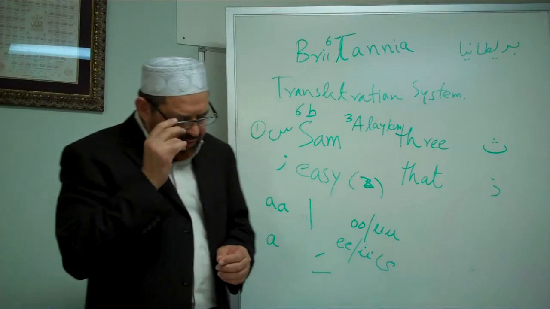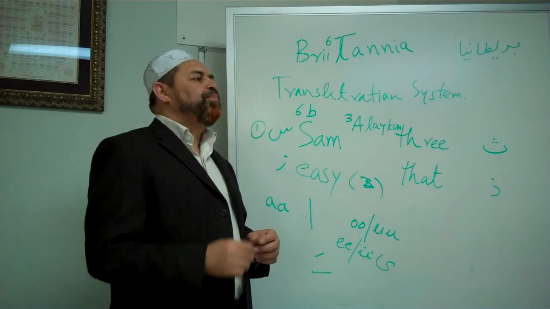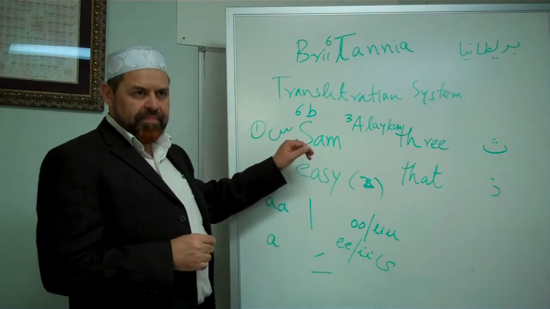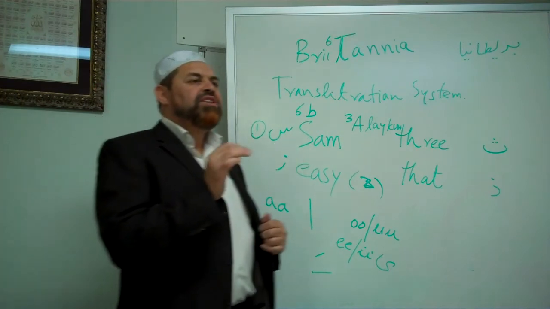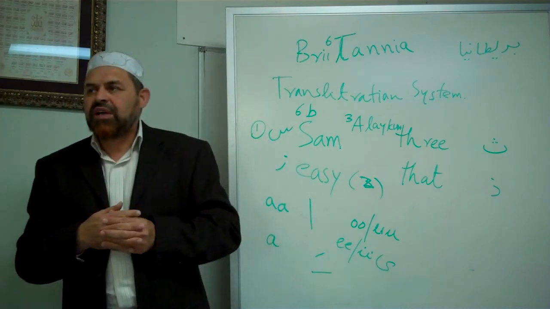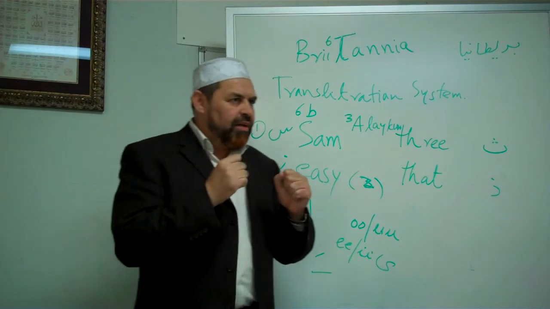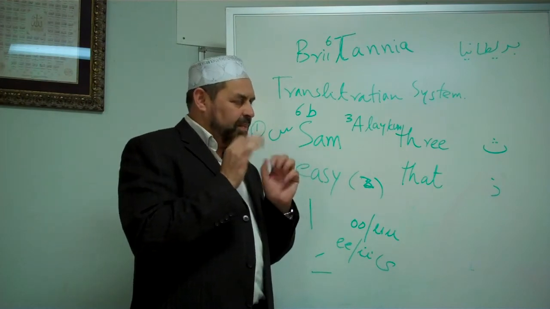And then we have the letter Seen, as in sip or Sam. Seen is also a thin letter. It has a contrast with the letter Sad. Sad is an emphatic heavy letter, but Seen is a thin letter.